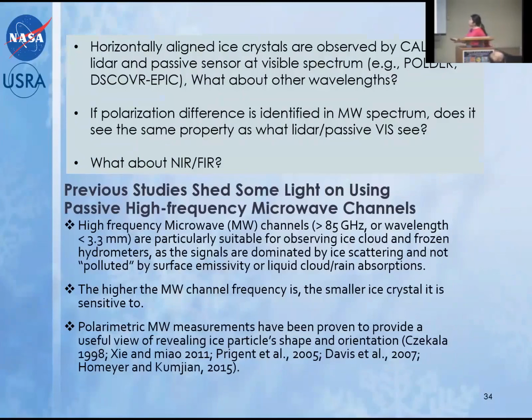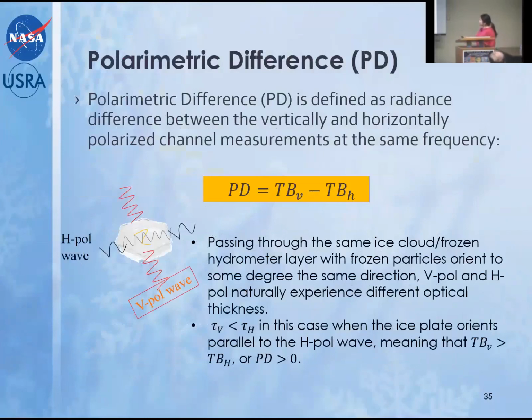polarization difference. And this is how we define the polarization difference. For the GMI, we have polarized paired channel observations at 166 gigahertz, which means it has measurements at the vertically polarized channel and horizontally polarized channel at the same frequency. We define this PD, called polarimetric difference, as the difference between these two.